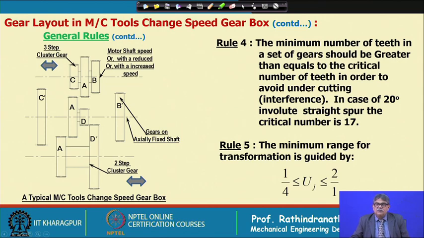Now, another rule: from the speed range point of view, the range of transmission is limited, from 1 by 4 to 2 by 1.